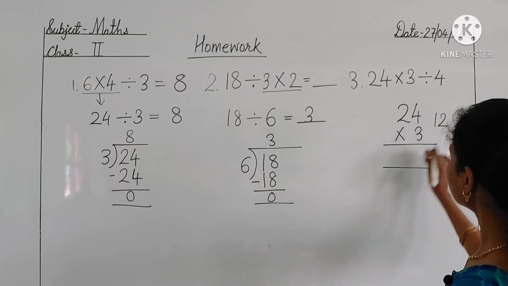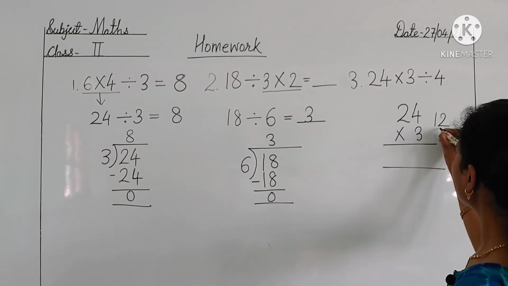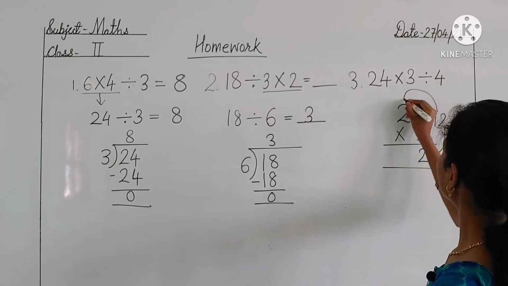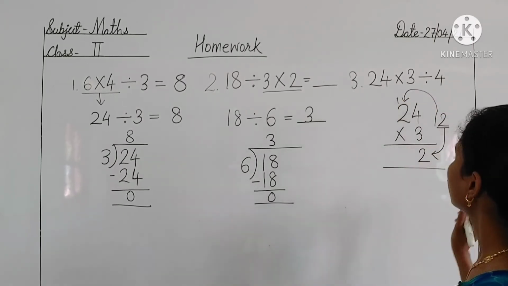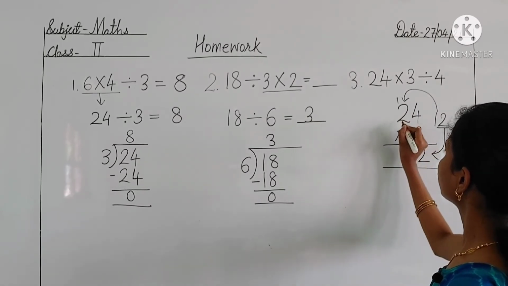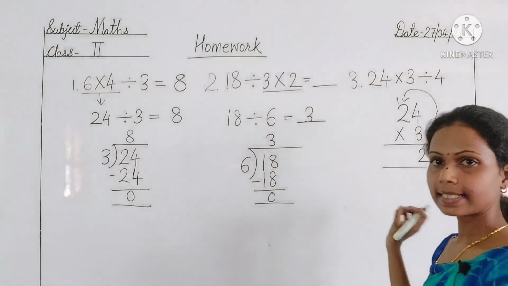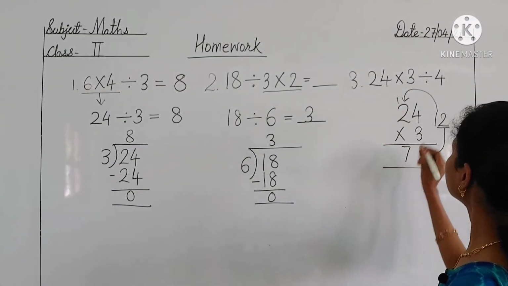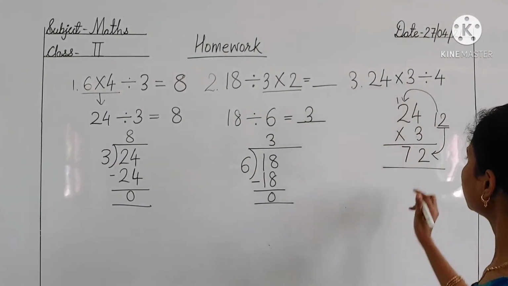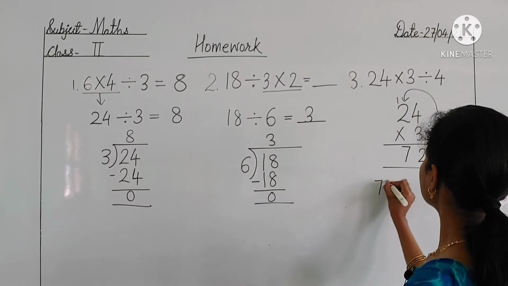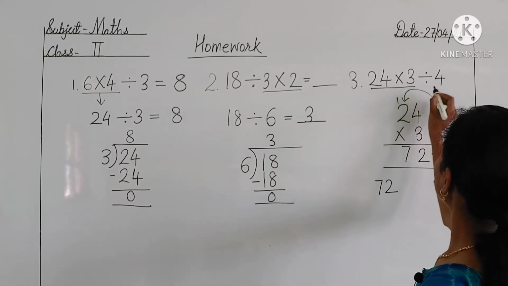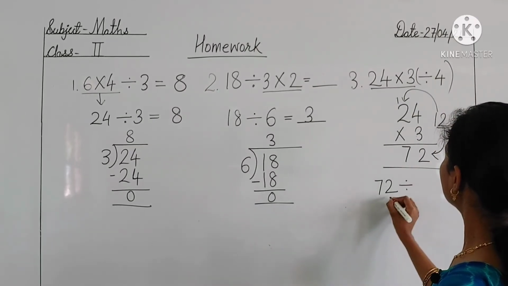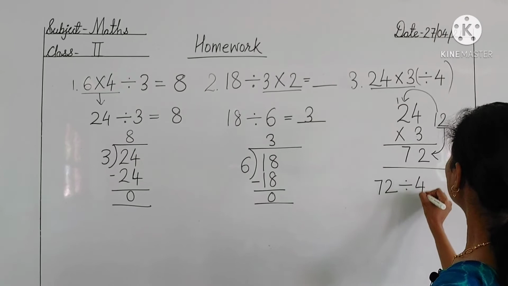So will we write both 12 here? No, we will write only this 2 here. So 1 we will carry this side. Okay. Now next 3 2s are 6. Now 6 plus 1 equal to 7. So 24 into 3 is 72. Okay. Now this one remained, we will write here 72 divided by 4.